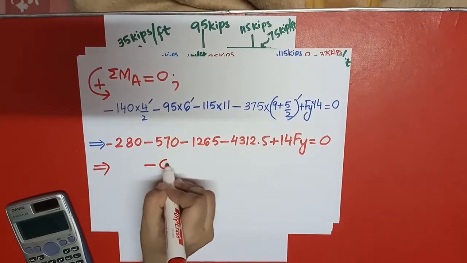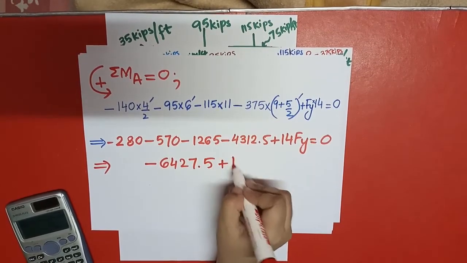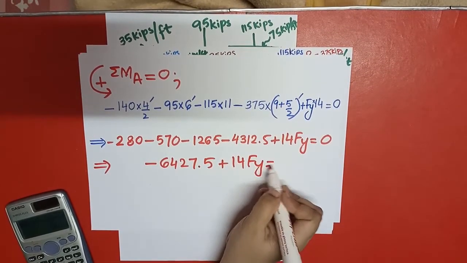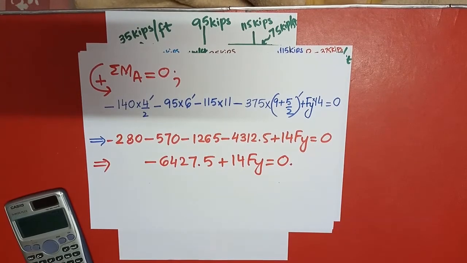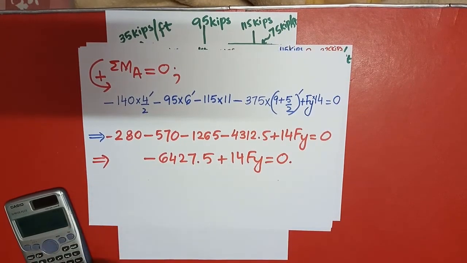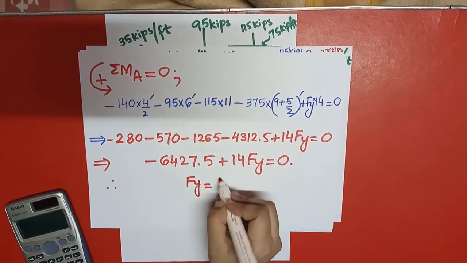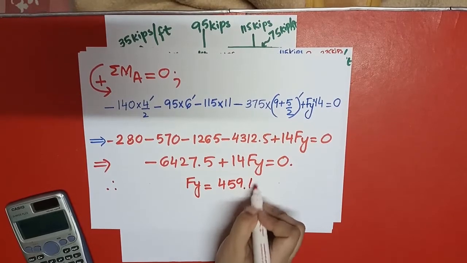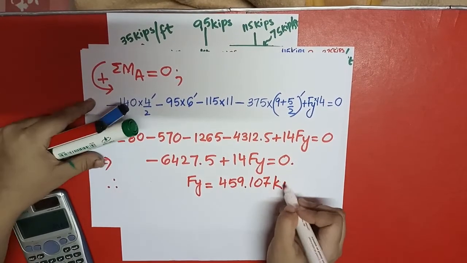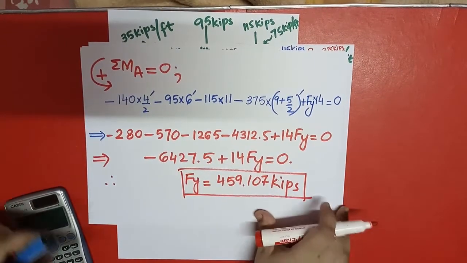So minus 6427.5 plus 14 Fy is equals to 0. So I will divide it by 14. It will become positive when it goes here, and the value of Fy is coming out to be 459.105 kips. So this is the easiest way to calculate the support reactions.